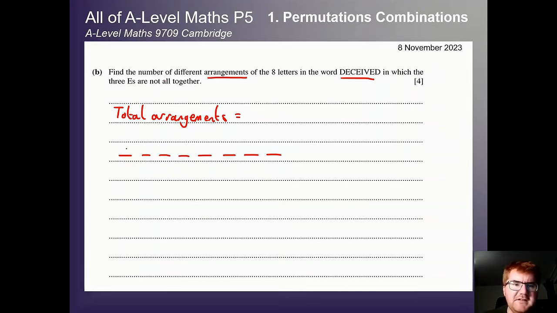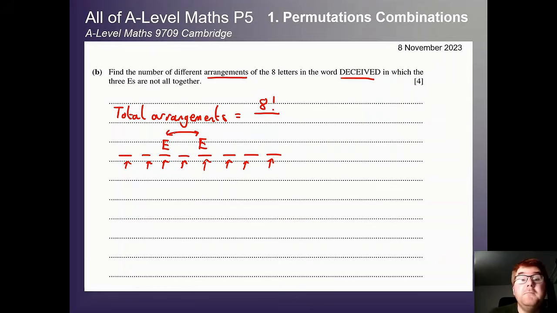The way we'd work this out is I've got 1, 2, 3, 4, 5, 6, 7, 8 different slots. So I have 8 factorial. However, notice, say I had an E here and an E here. If I swap these over, that would still be the same arrangement because the E's look identical. So that actually we've counted out too many.